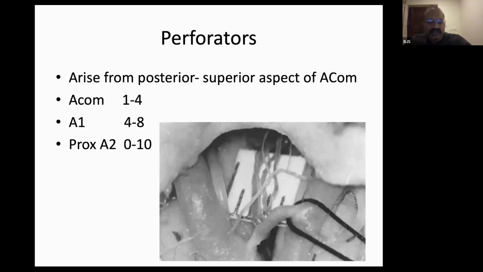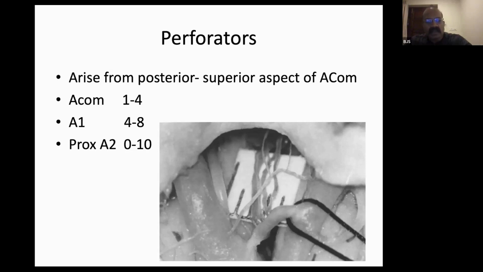These have surgical relevance because the projection of the aneurysm will decide how much you have to dissect these perforators off the posterior surface of the aneurysm. If the aneurysm is projecting superiorly or posterior-superiorly, these perforators will be densely adherent to the posterior surface of the aneurysm. So in the process of dissection of the aneurysm, there is a chance that these perforators can be injured.